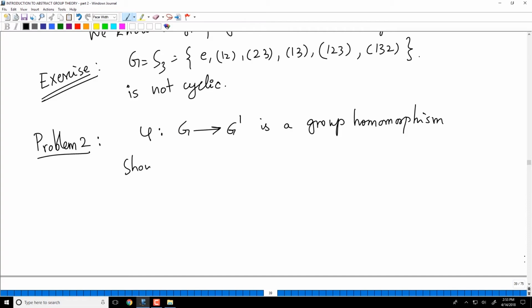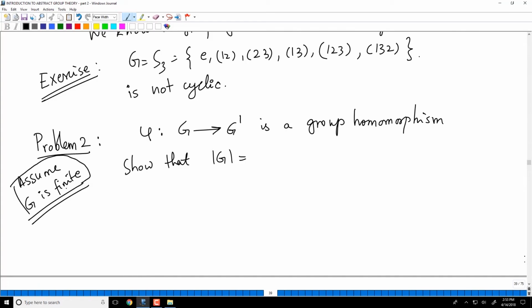Show that, again assume G is finite. So whenever we talk about order, we have to assume it's finite. Show that order of G is equal to the product of the order of kernel phi and image phi.